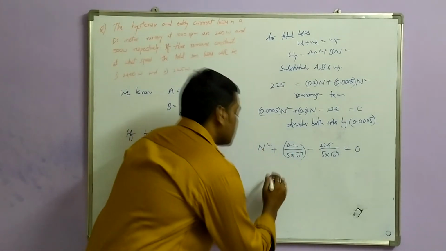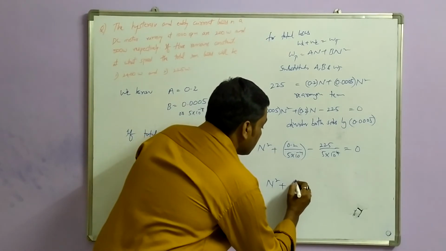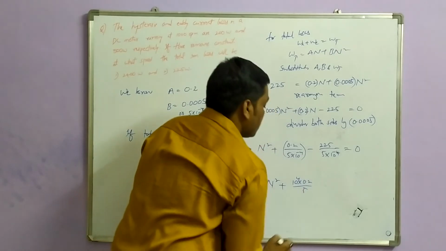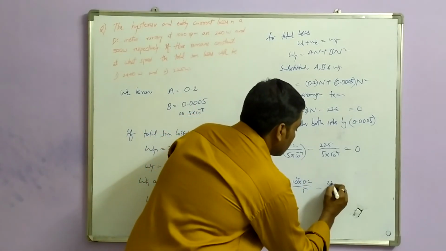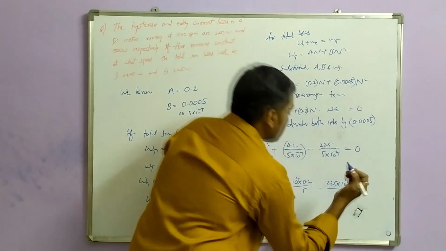Now n square plus, it is nothing but 10 power 4 into 0.2 by 5, minus 225 into 10 power 4 by 5, is equal to 0.